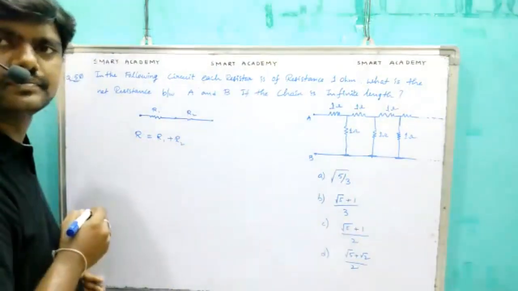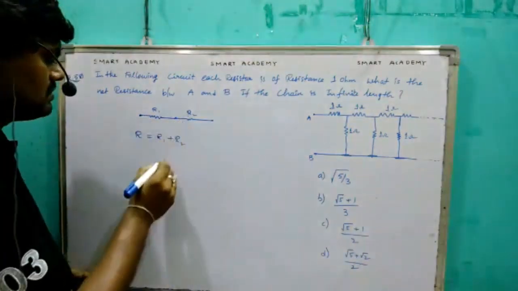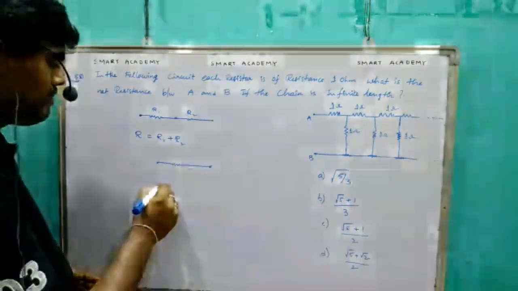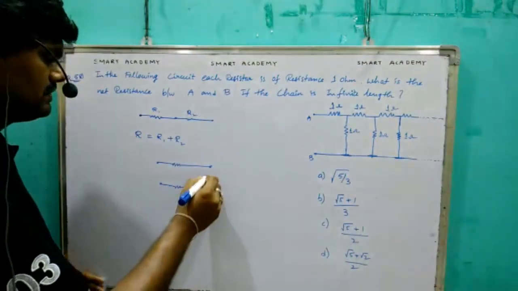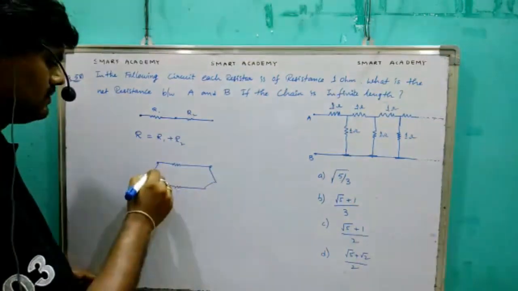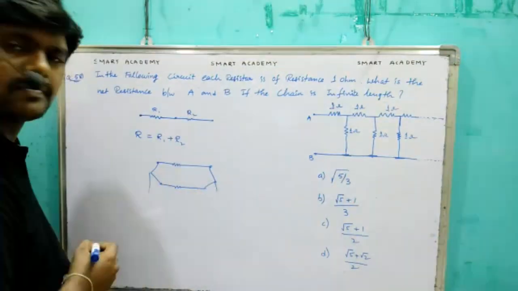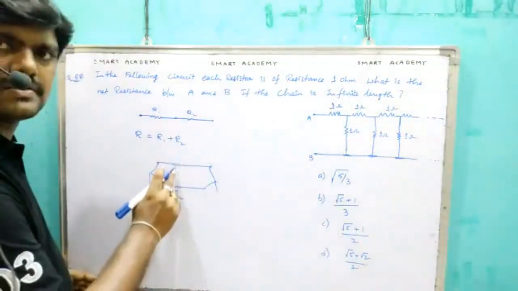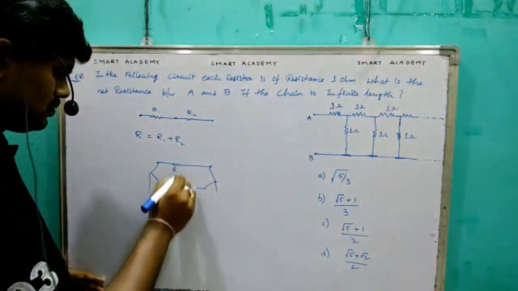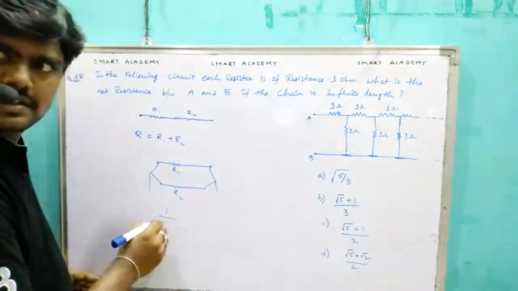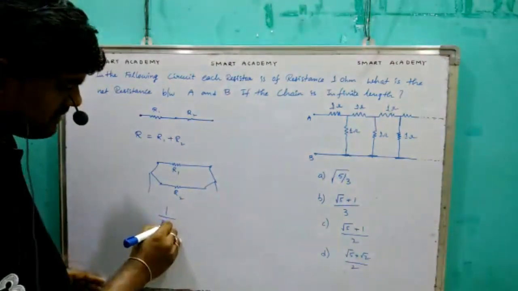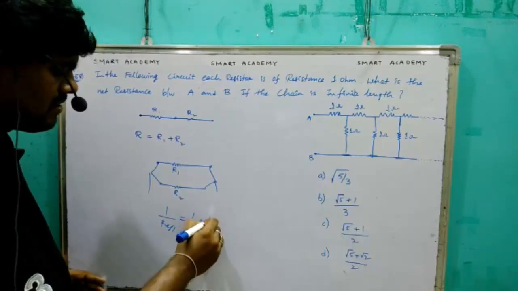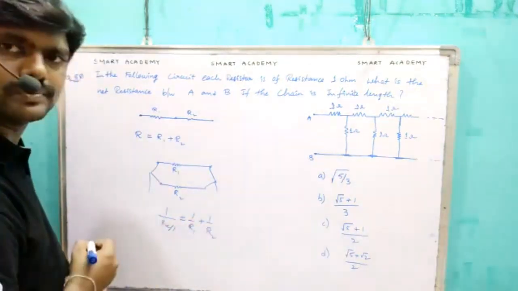Suppose these two resistors are connected in parallel to each other. The effective resistance can be written as 1 by R1 plus 1 by R2.